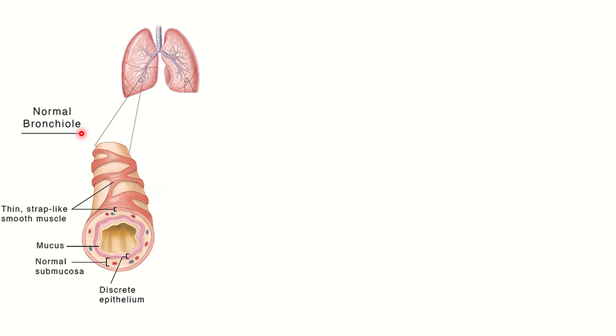Now to learn about the smooth muscle here, in this diagram you can see a normal bronchiole and a strap-like arrangement of smooth muscle. It is not a complete sheet of smooth muscle that we see in the airways. Usually just a thin strap-like arrangement of smooth muscle is seen, and inside you can see the mucus, and below that you can see the submucosa and the typical respiratory epithelium.